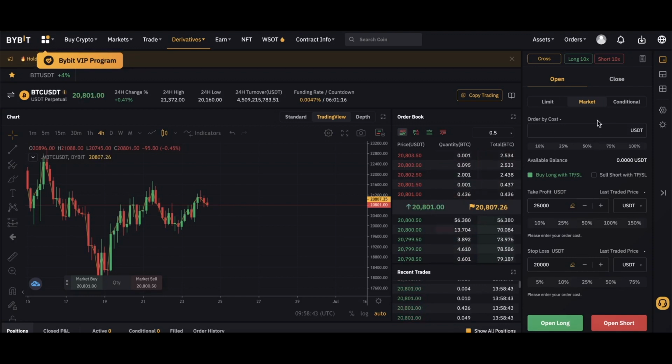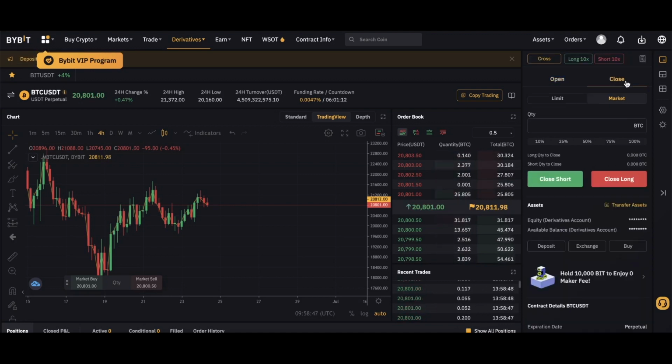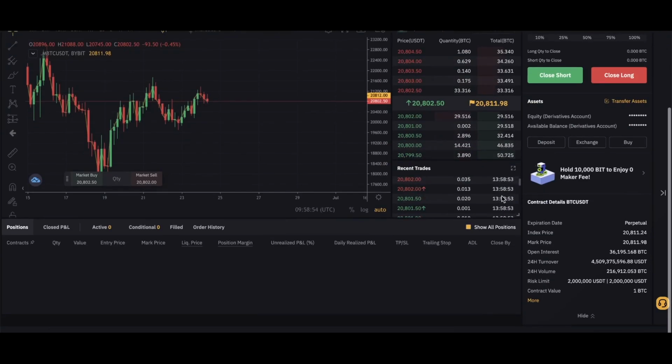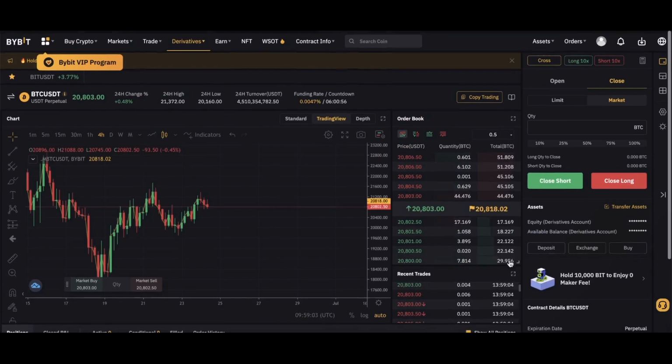So this is the thing: we can open a long position, a short position. The second one, we can also close this position. When you have opened the position it will be marked here. We're looking at that later. Then you can close here, you can click close, and then the position is closed.